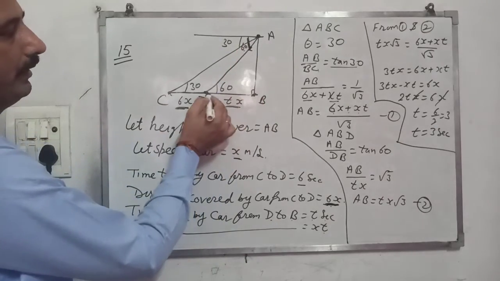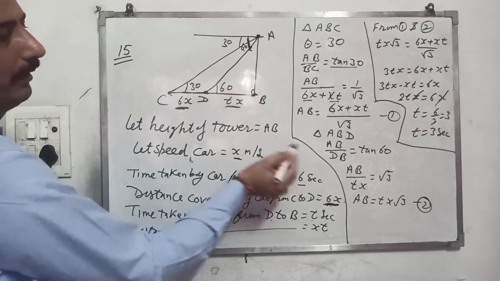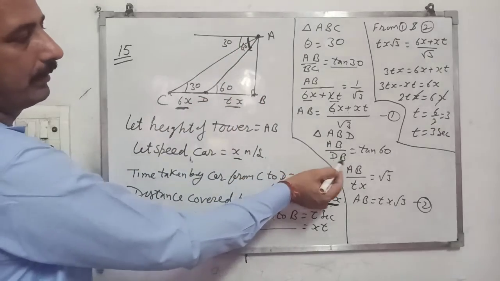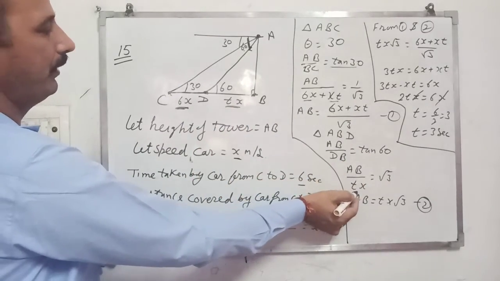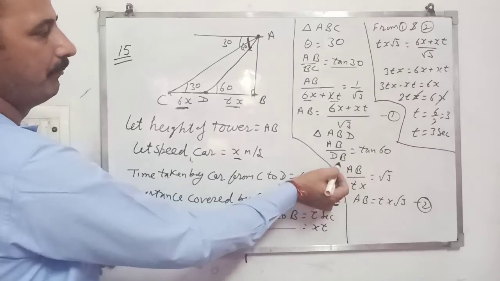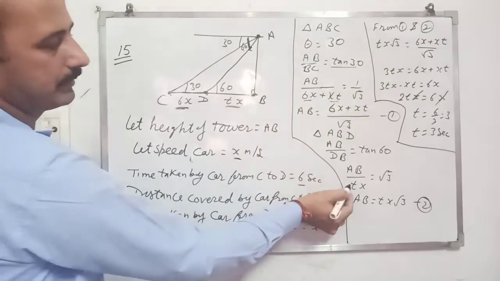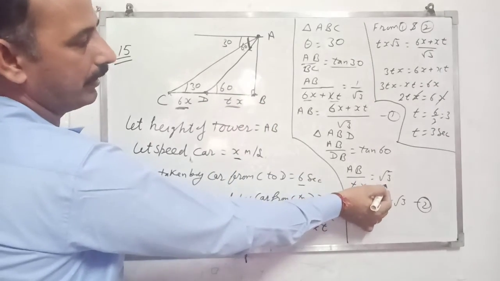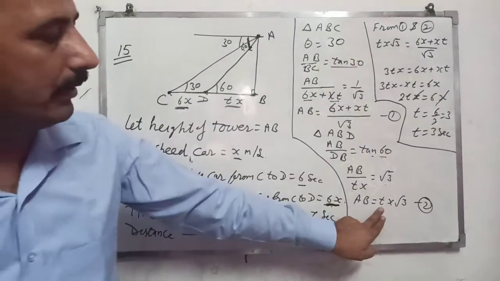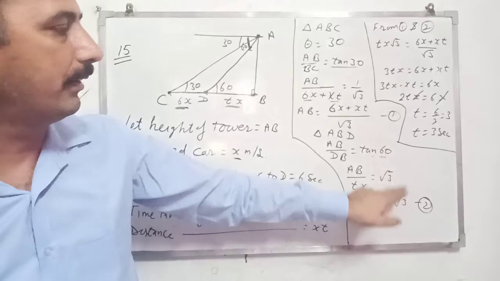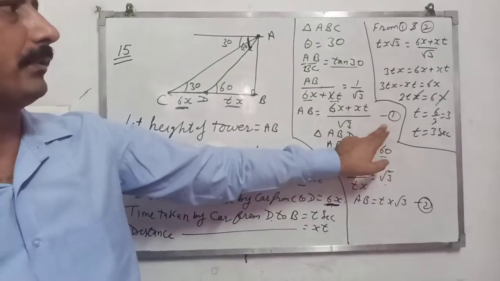And ABD is a triangle. Here AB upon DB is equal to tan 60. So AB upon tx, BD that is the distance tx, equal to root 3, since tan 60 is root 3. Now AB is equal to tx root 3. It's equation number 2 and the earlier one is equation number 1.